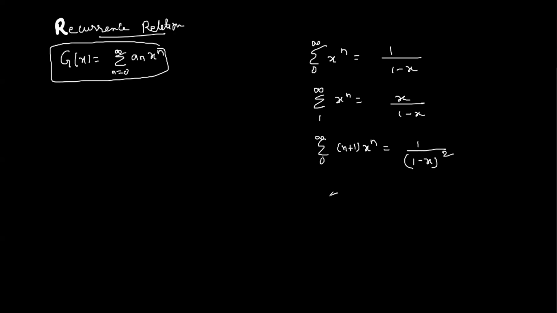From 0 to infinity, n into x raised to n, it is x upon (1 minus x) square. Fourth formula is x raised to n upon n factorial, from 0 to infinity, it will be e raised to x.